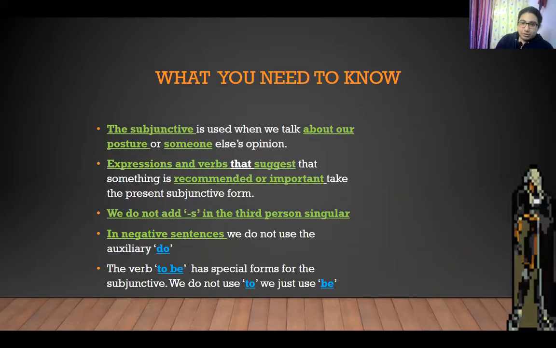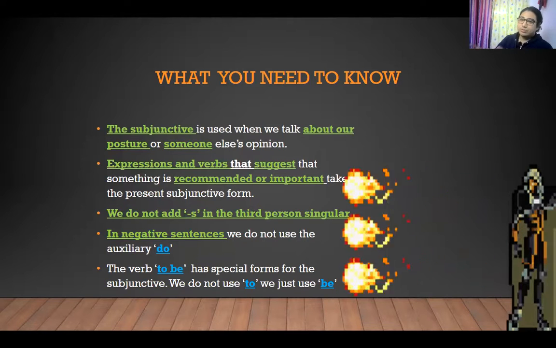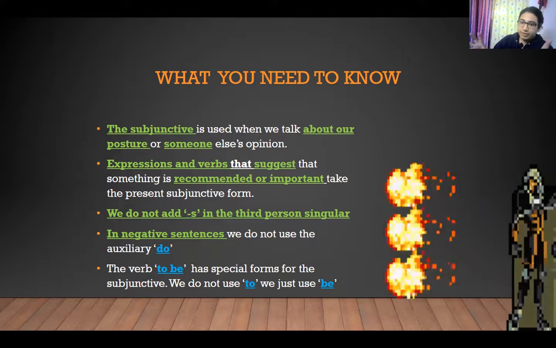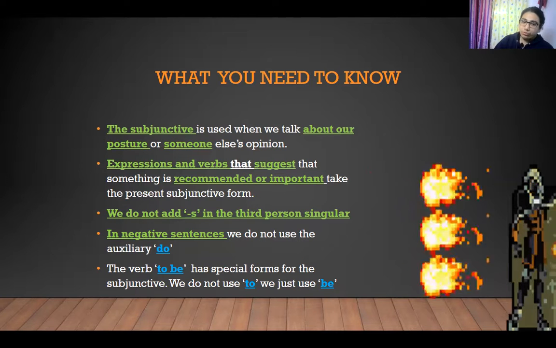So something that is recommended or important takes the present subjunctive form. We do not add the s in the third person singular. We know that in present simple we have the rule that in the third person singular we add an s to clarify that we are talking about that third person, but here we do not use that rule.